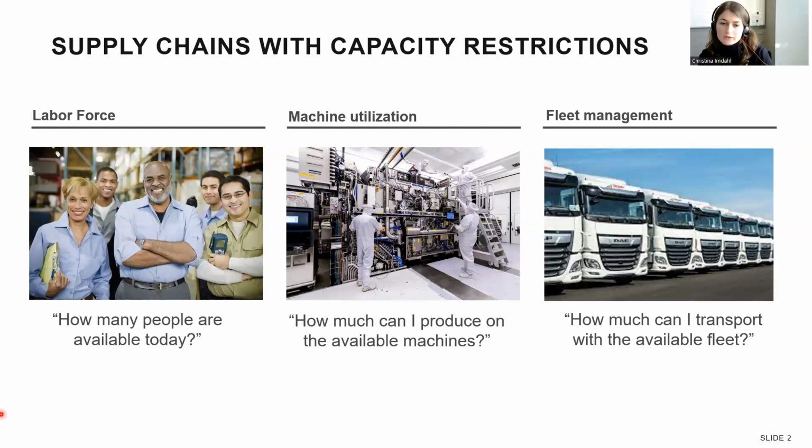To give you a bit of context, when we talk about capacitated inventory management problems and why they are important, you can think about having a labor force. You typically have a fixed number of employees that you can use in your work scheduling. But sometimes during peak times, you may want to use more labor, and for that, you could employ temporary workers.